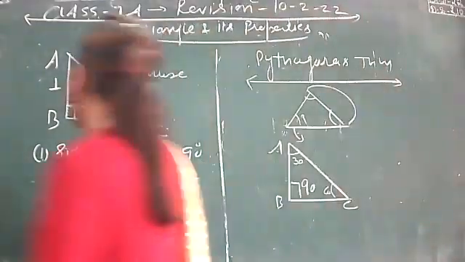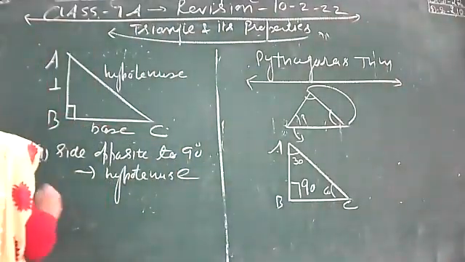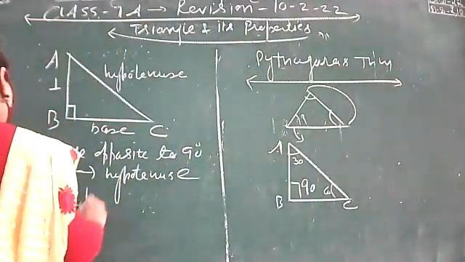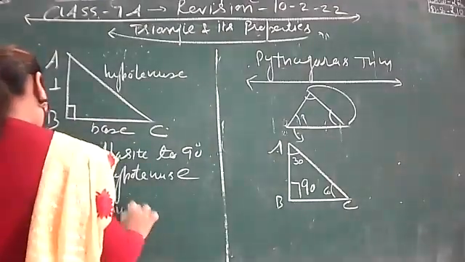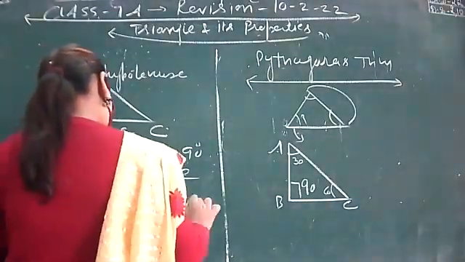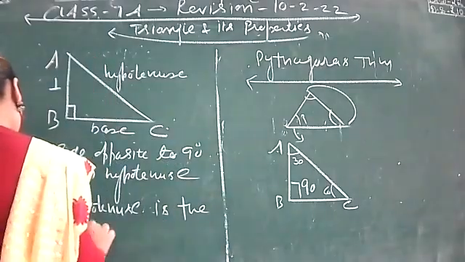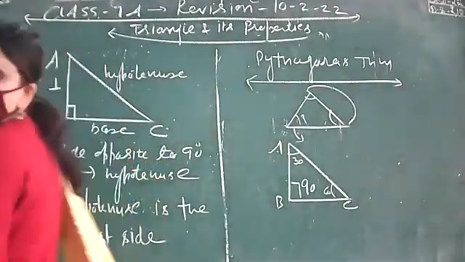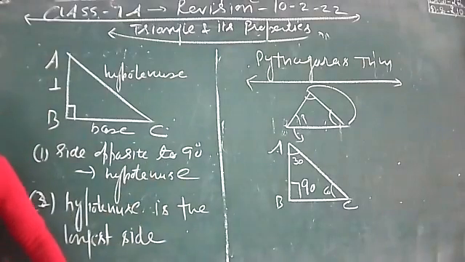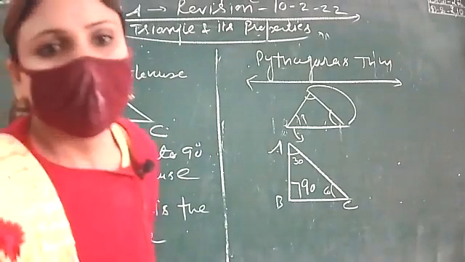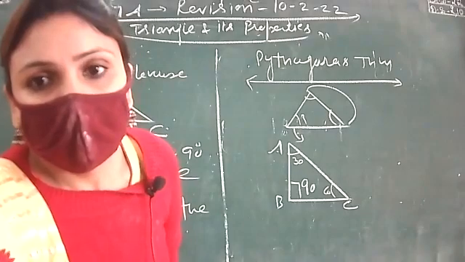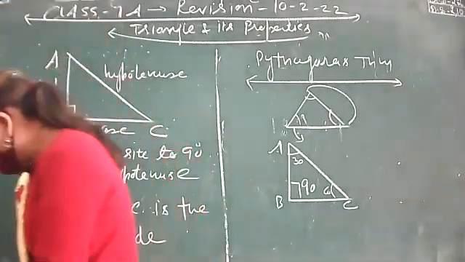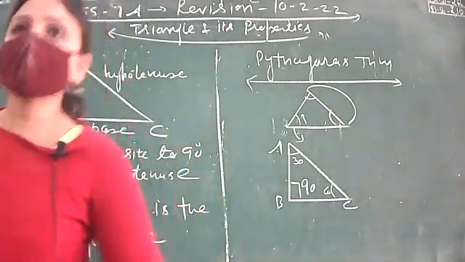And we will say that hypotenuse is the longest side. In a right angle triangle, hypotenuse is the longest side.